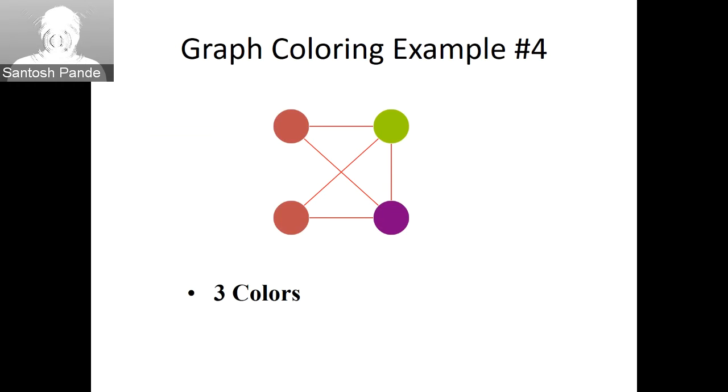The reason is you can see that there is a subgraph here which is called a clique. What exactly is a clique? A clique is any subgraph which is completely connected. Any two nodes in it directly have an edge. So if that is the case, then a K-size clique must have at least K colors. We have a size-three clique here, so we must have three colors.